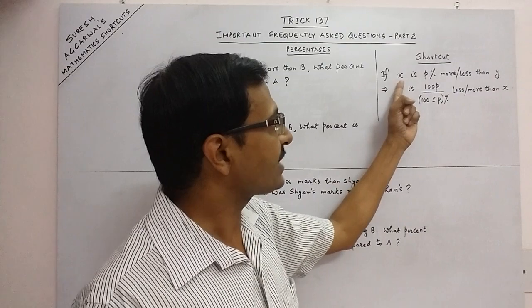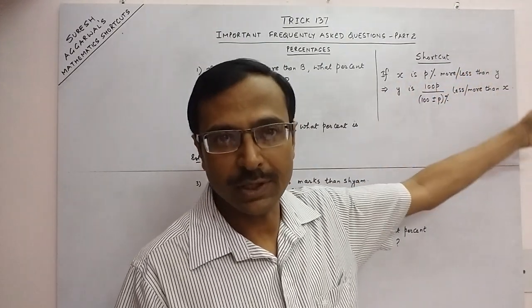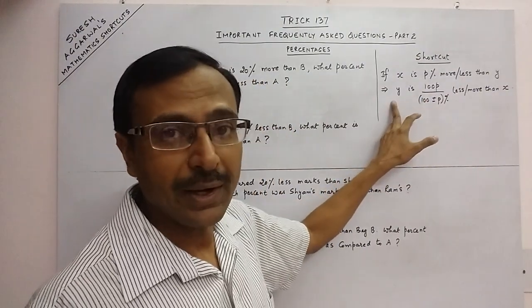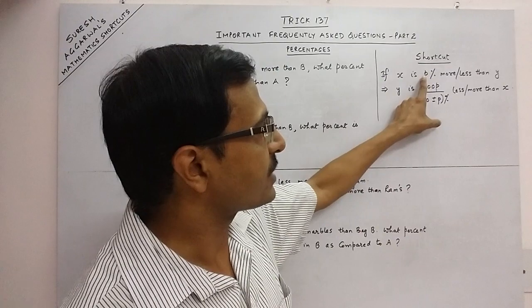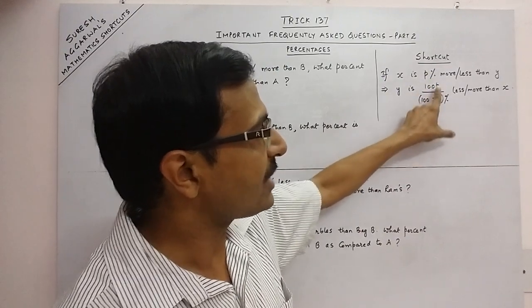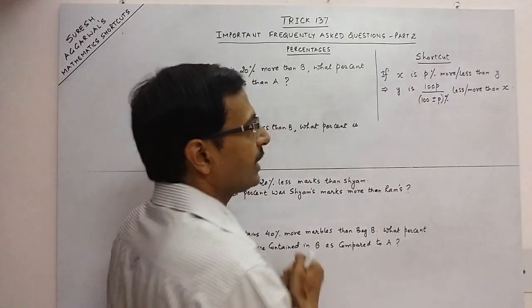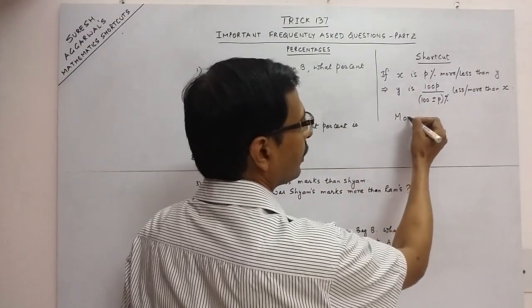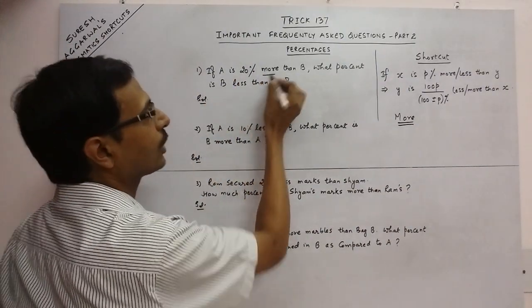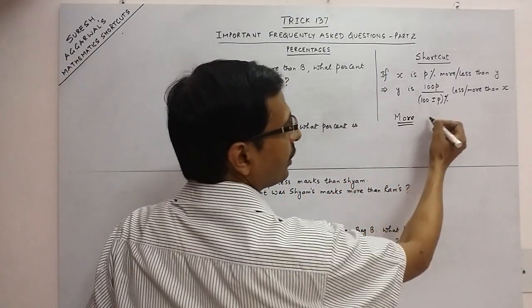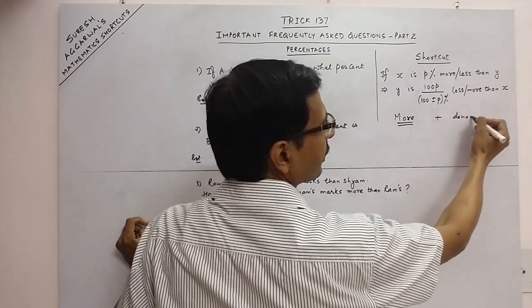If X is P% more or less than another quantity Y, then Y is, now this is the shortcut, you need to just put the percentage here in place of the P, and if there is the word more in the question, like here we have this word more, then we put a positive sign in the denominator.